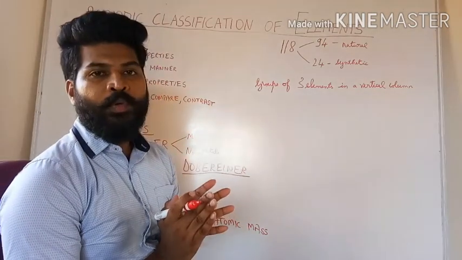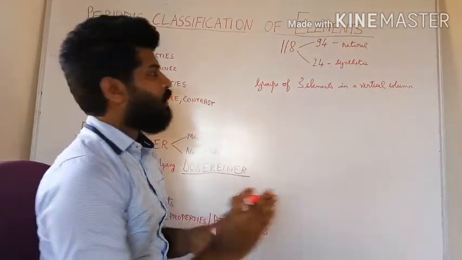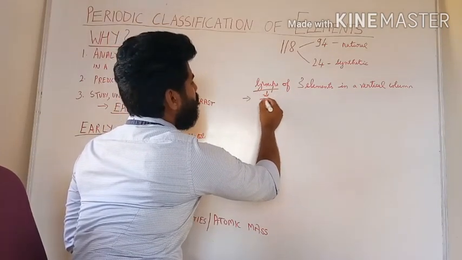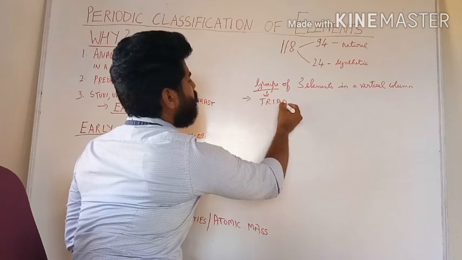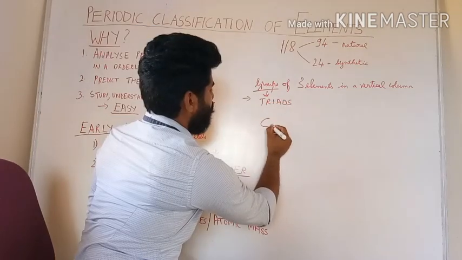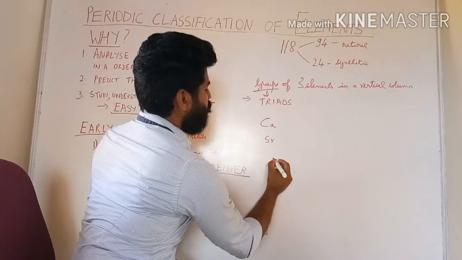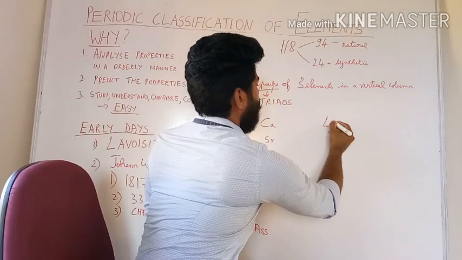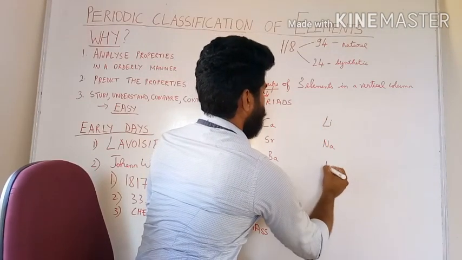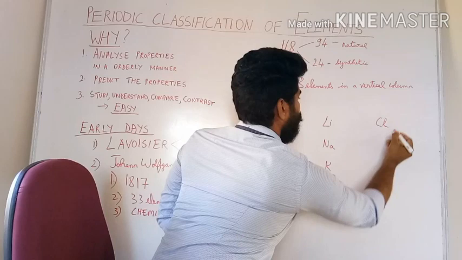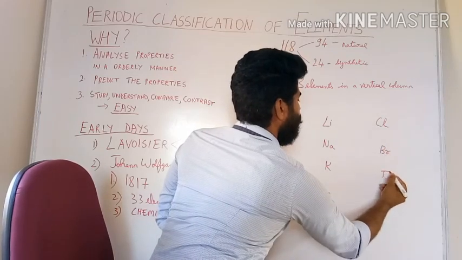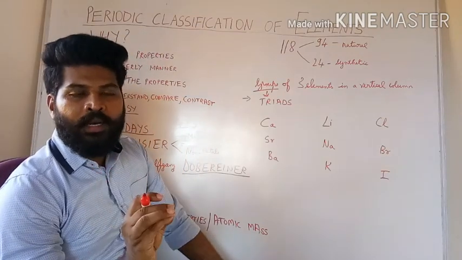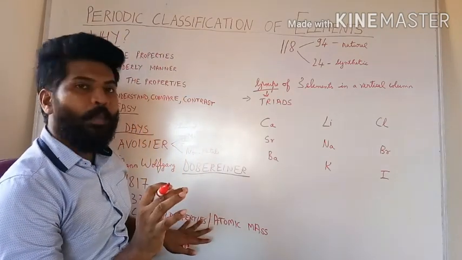Because in each group there were 3 elements, he called these groups as triads. Tri meaning 3. Calcium, strontium and barium. Lithium, sodium, potassium, chlorine, bromine, iodine. These are examples for 3 of the triads discovered by Dobereiner.